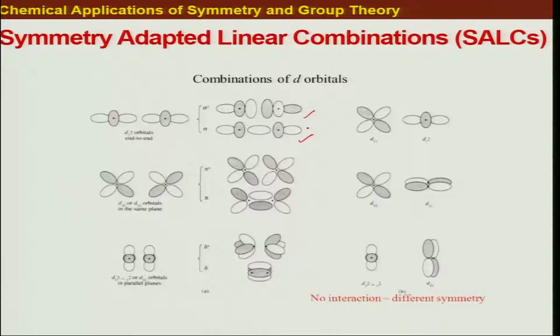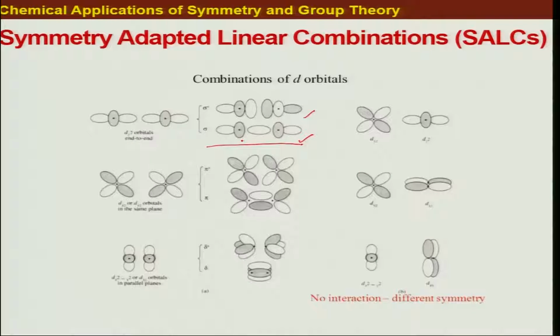So they can give bonding and anti-bonding molecular orbitals. This set of sigma and sigma star formed out of the combination of two dz square orbitals forms through a linear combination of those two dz square atomic orbitals.